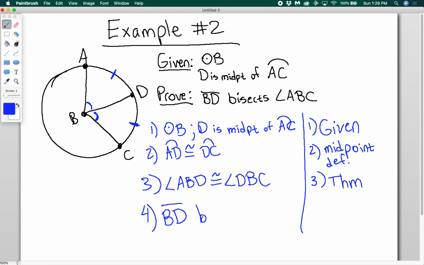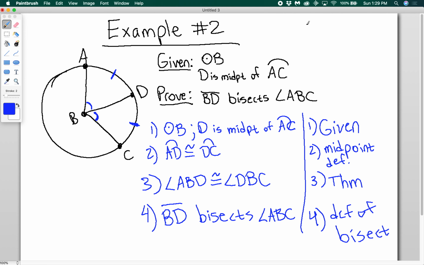So BD bisects angle ABC. That's because if a ray divides an angle into two congruent angles, then the ray bisects the angle. So I'm going to put definition of bisect. Okay, and we've proven it.